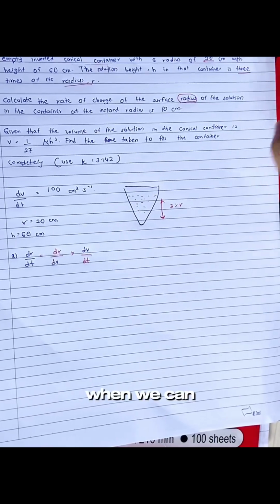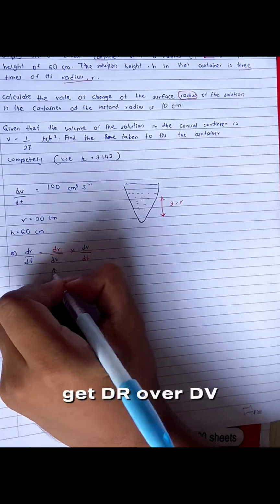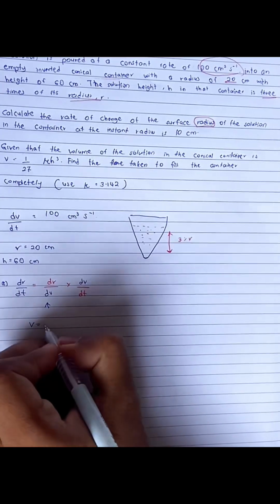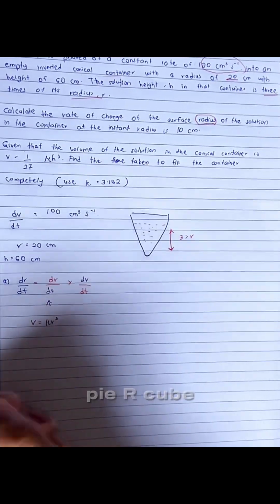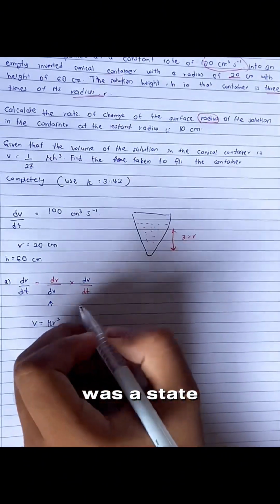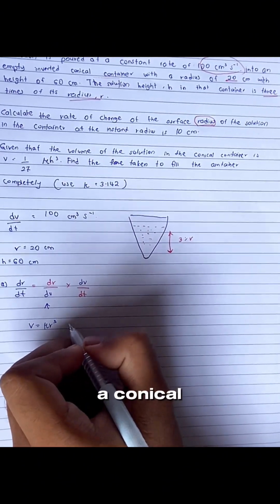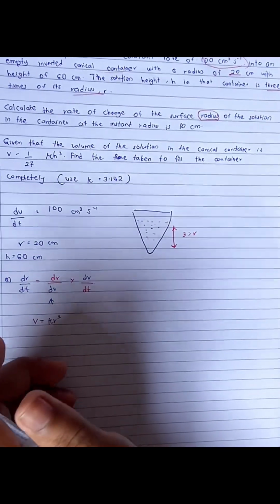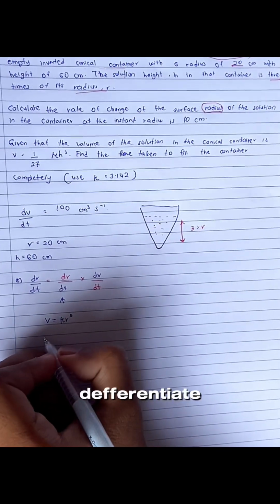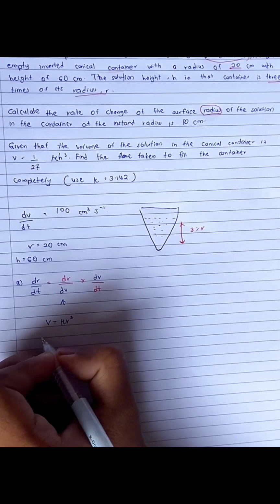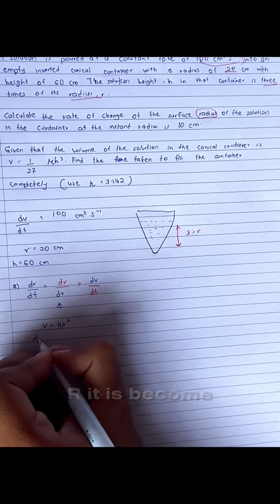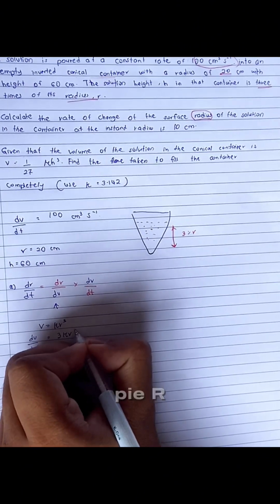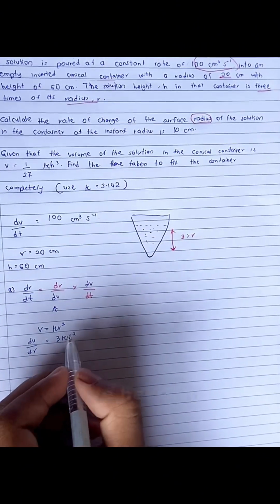To get dr over dv, we derive from the formula V equals pi r cube, because it is a conical flask. Differentiating, dv over dr equals 3 pi r square.